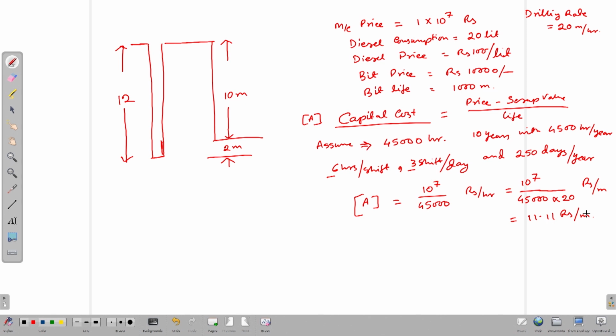Anyone may have other components here like interest, depreciation, those can be calculated here.